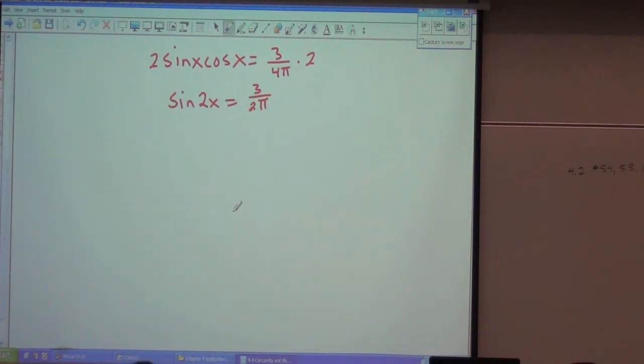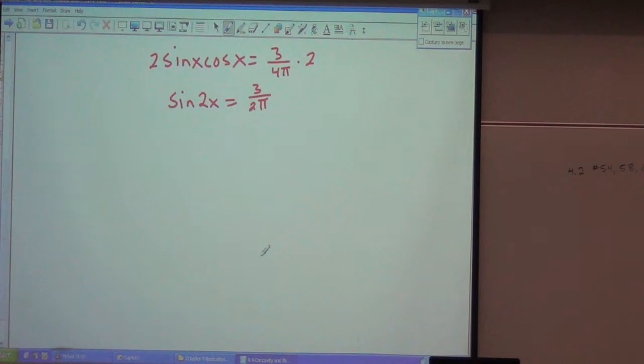Okay, it's kind of like, yeah. We're going to take the arc sine. We're trying to figure out the angle. See, if that was 3 halves pi, that's like 1.5, right? Yeah, but the pi's in the denominator, not the numerator.